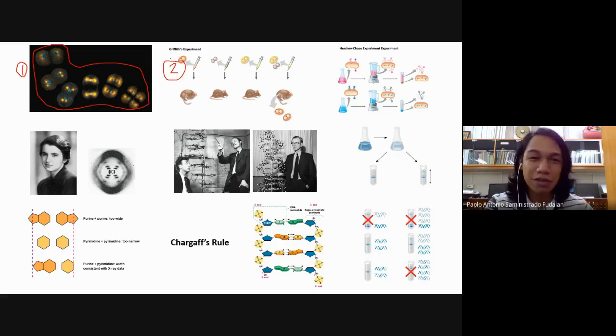So we start with this experiment by Griffith. By the way, we are jumping experiments here. If you read in detail, there are actually more significant events between these two events. But I just chose Griffith's experiment. So, what kind of bacteria, if you can remember?